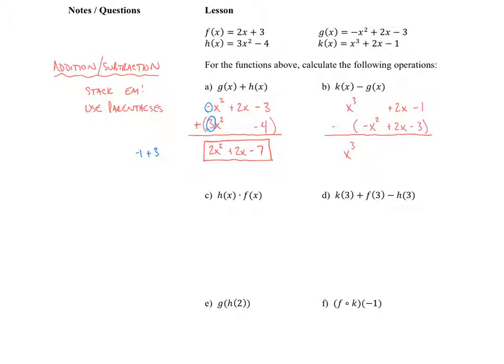We've got 0 minus negative x squared. That's x squared, right? 0 minus negative 1 is 1. That's why that is. We have 2x minus 2x. Those are going to cancel. And then we have negative 1 minus negative 3, which is positive 2.